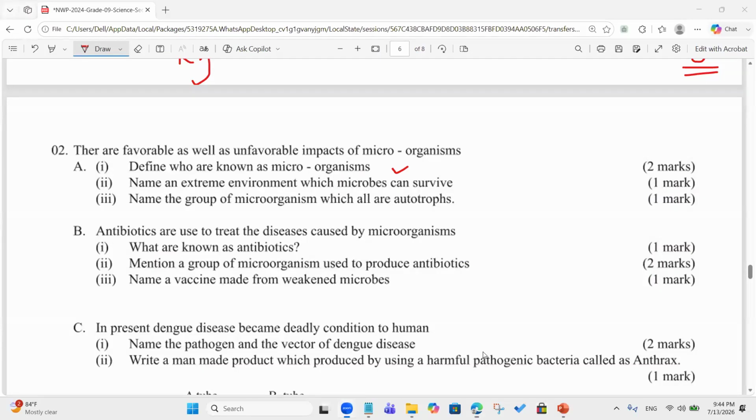You can answer. And name the group of microorganisms in which all are autotrophs. In which group can we find that all the organisms are autotrophs, Lamai? Yes?